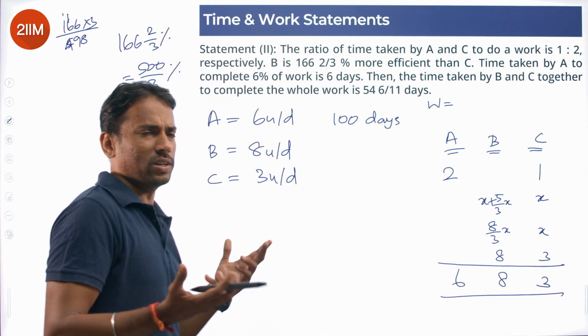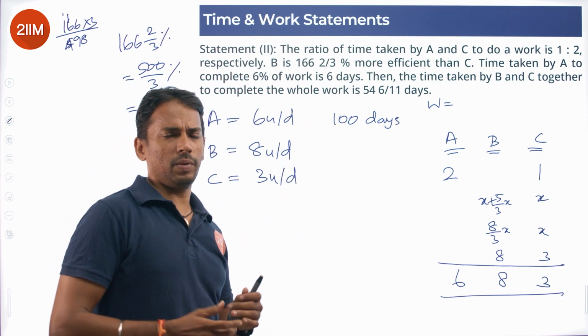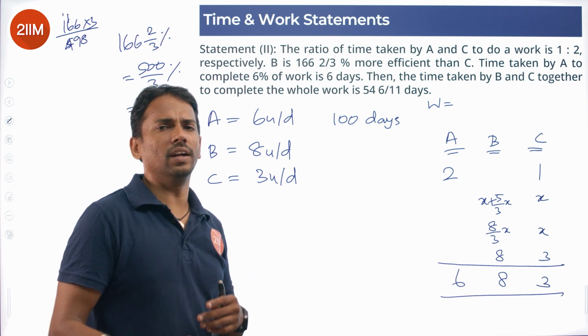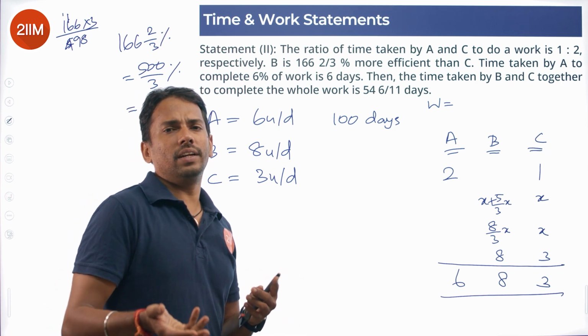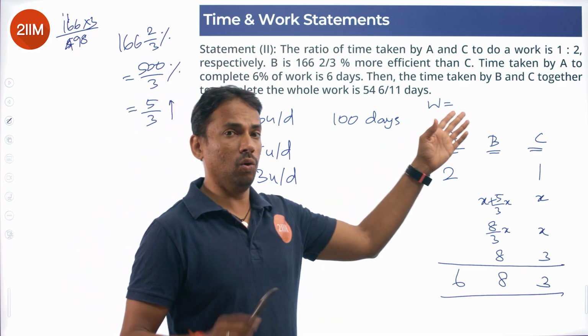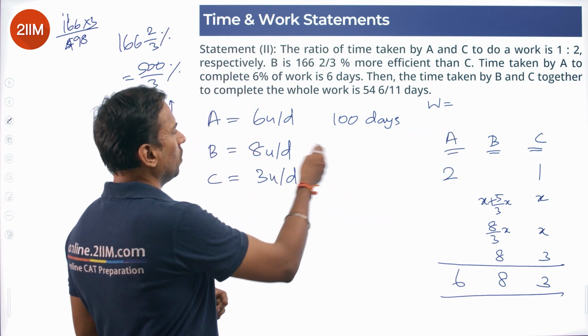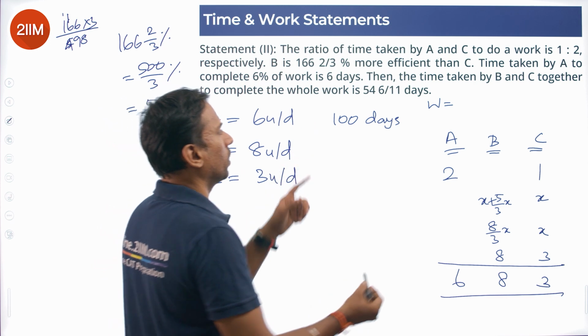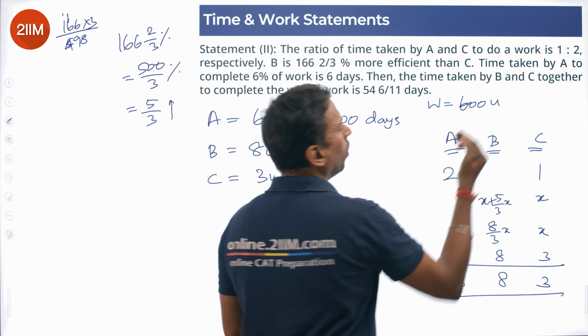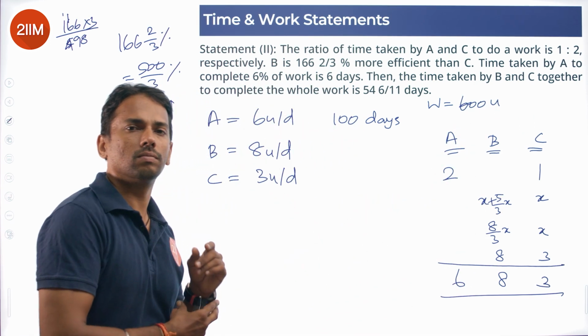Very natural, very obvious. 6% in 6 days, meaning 1% in 1 day, or 10% in 10 days, 13% in 13 days, 100% or the full work in 100 days. That means what about the work? The work is going to be 6 into 100, 600 units. The full work that A does is 600 units.